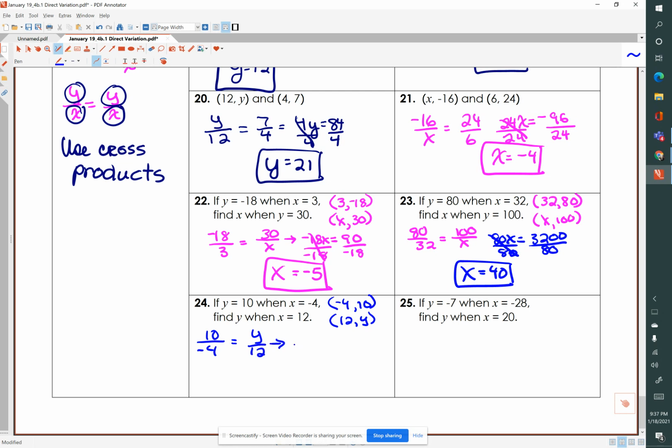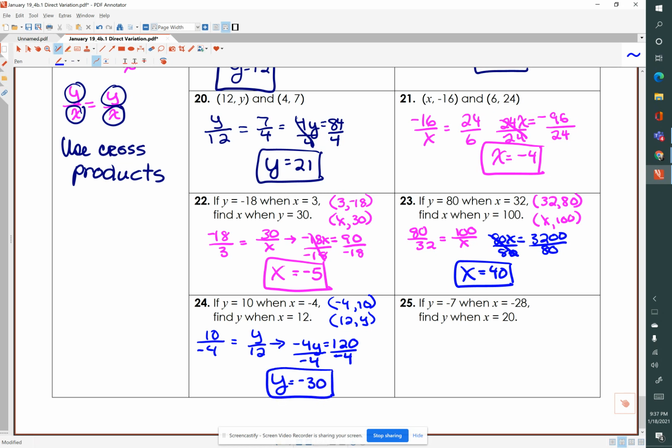So that would be negative 4y equals 10 times 12, 120. Divide both sides by negative 4, and y equals negative 30.